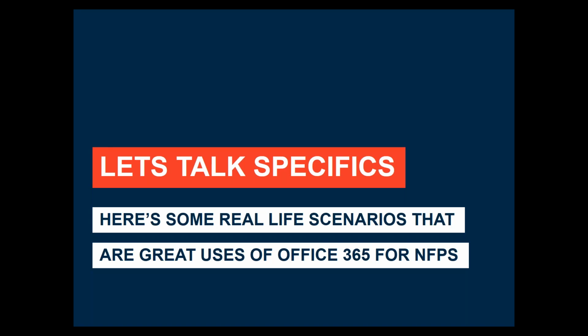So what I thought we'd do now is go into a bit more detail around some really key real life examples. So I think I've got 8 here that I'm going to go through, and hopefully most of you will pick at least 1 or 2 of these that can go, yeah, look, I think that'll work for my organization, or that fits a need in my organization, and you can explore how you implement that as well.